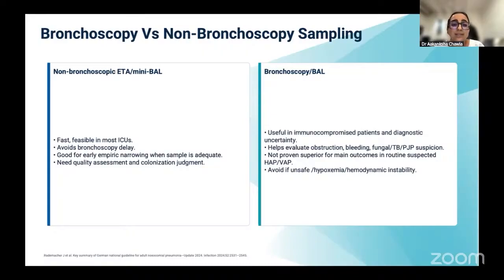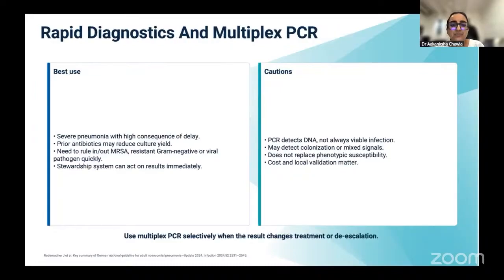It's easy. You send the sample quickly. So obviously you will achieve the results early. But you need to remember that there is a risk of colonization. So you should be able to differentiate and correlate. Bronchoscopy is useful in patients who are immunocompromised and when there's a diagnostic uncertainty. It helps you to evaluate obstruction, bleeding, and other opportunistic infections. But you should avoid it if the patient is hypoxemic or is hemodynamically unstable.